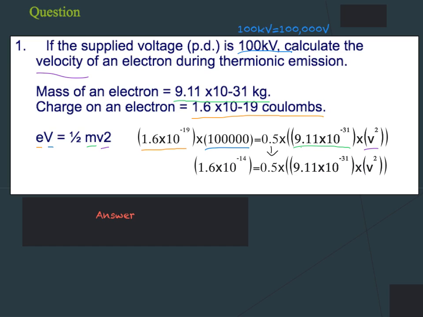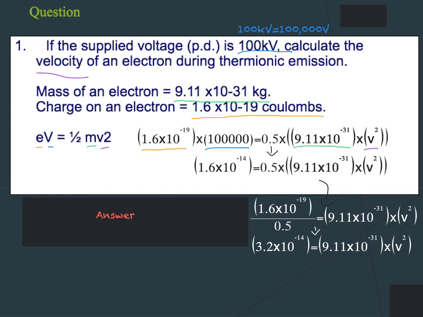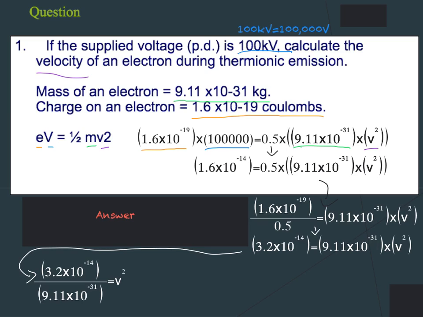We can now divide both sides by 0.5 in order to remove this 0.5 times, which will give us 3.2 times 10 to the negative 14. We can now further rearrange the equation by dividing both sides by our 9.11 times 10 to the minus 31, which will give us 3.51 times 10 to the 16 to 2 decimal places.